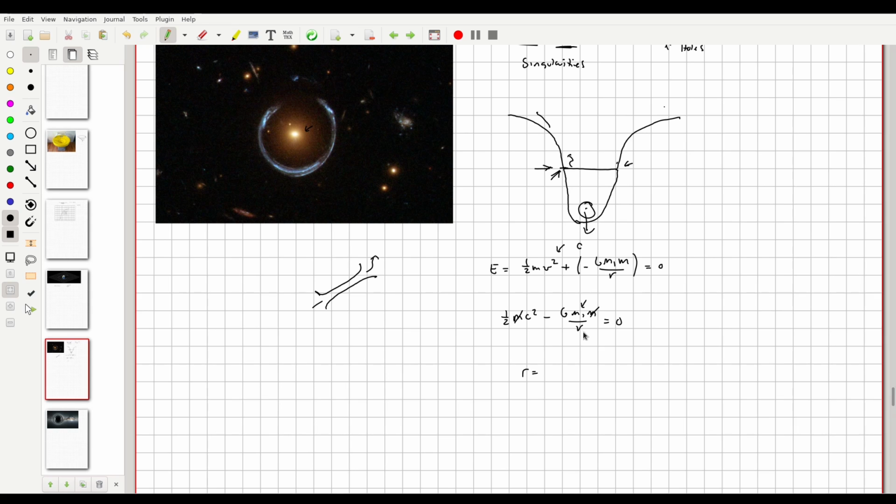You can very easily solve for it just by solving for r. So it ends up being r = 2G times the mass of the black hole divided by c squared. And this is called the Schwarzschild radius, or the event horizon would be that point right there.